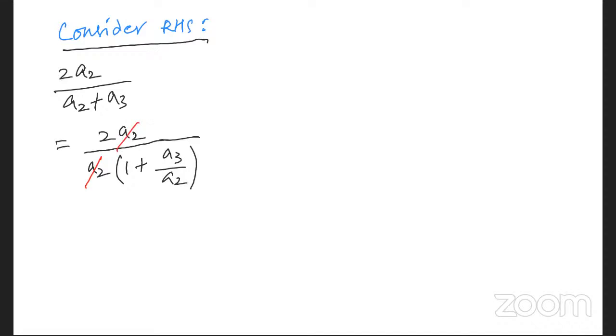Next step, it will be equal to 2 divided by 1 plus, what did we assume as a3, nC(r+1), divided by a2, which is nCr.